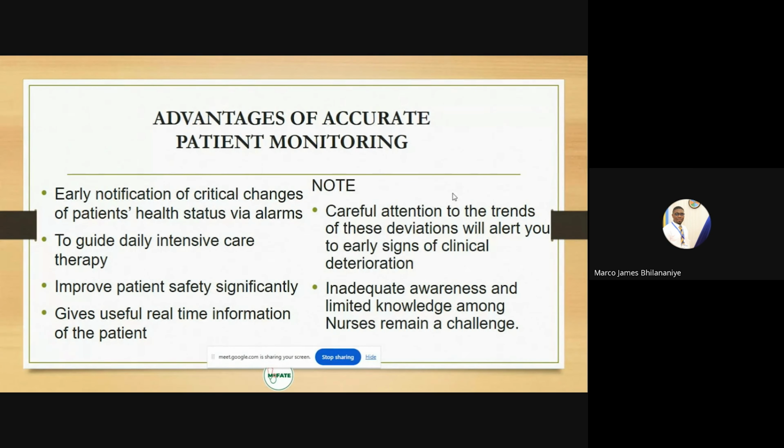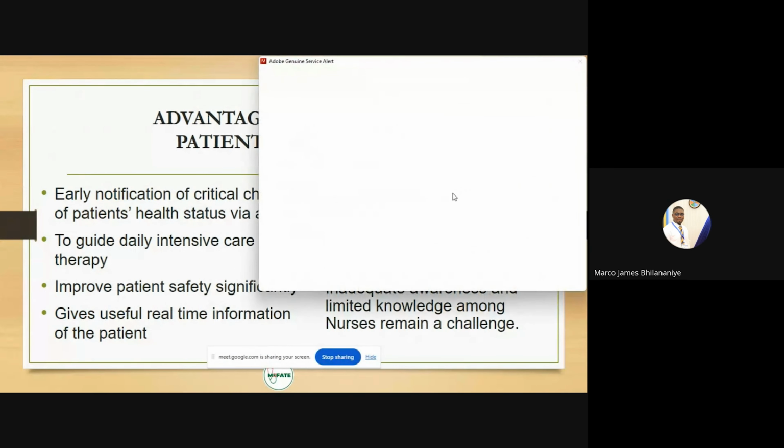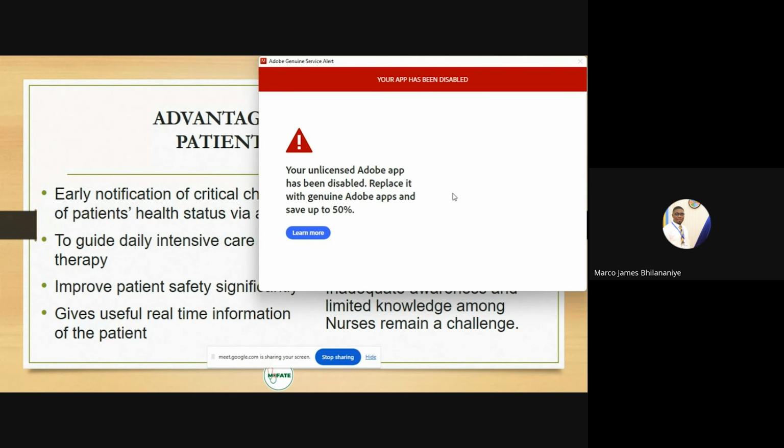Something to note is that careful attention to the trends of these deviations will alert you to early signs of clinical deterioration. If you do a trace start on a patient in a normal room, how many of them deteriorate and are transferred to HDU or ICU? A lot of them.